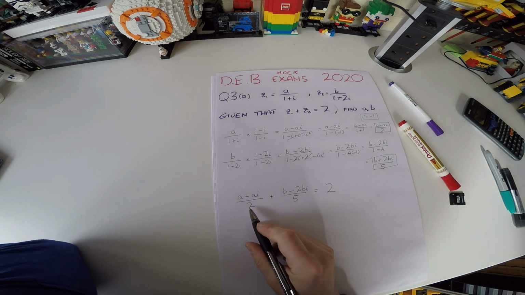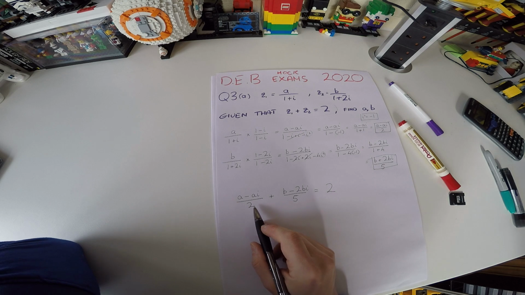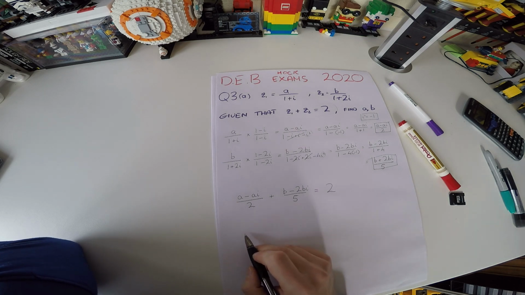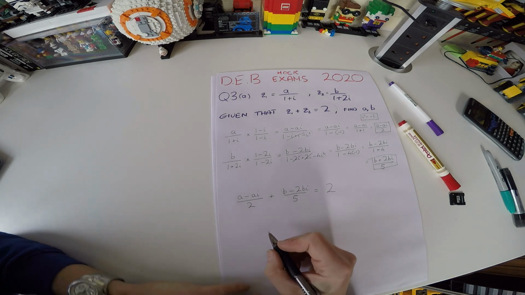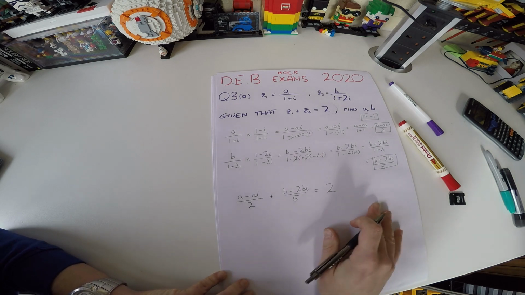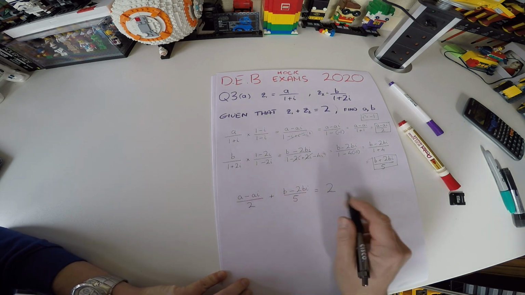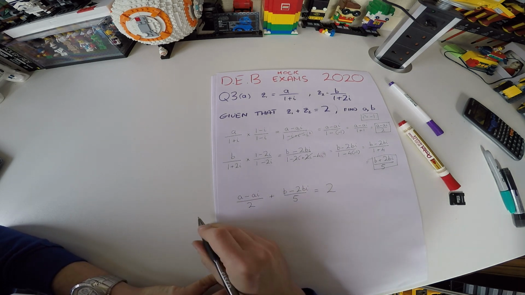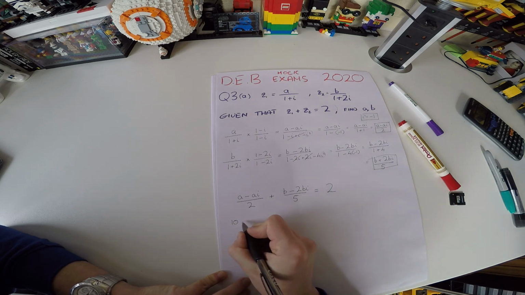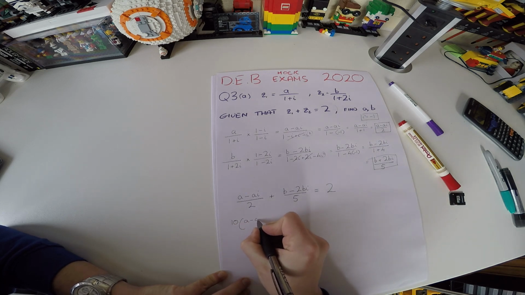This is just a simple algebra problem now, so we must look for the common denominator here, which is going to be 10. So I'll do this in baby steps. Rather than doing this in one short step, I'll actually multiply everything by 10, just in case you're confused with it.